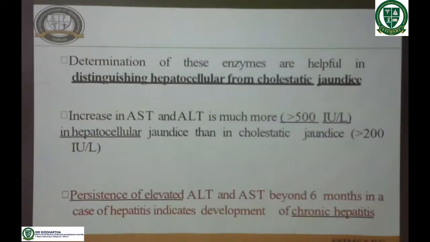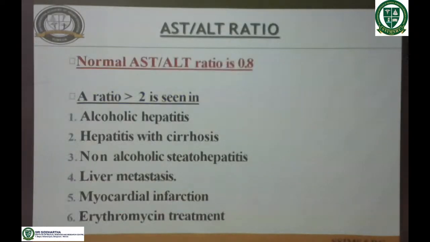The persistence of elevated ALT and AST beyond 6 months in case of hepatitis indicates the development of chronic hepatitis. So this is all the diagnostic significance of these transaminase enzymes. When it comes to the AST ALT ratio, the normal ratio should be around 0.8.